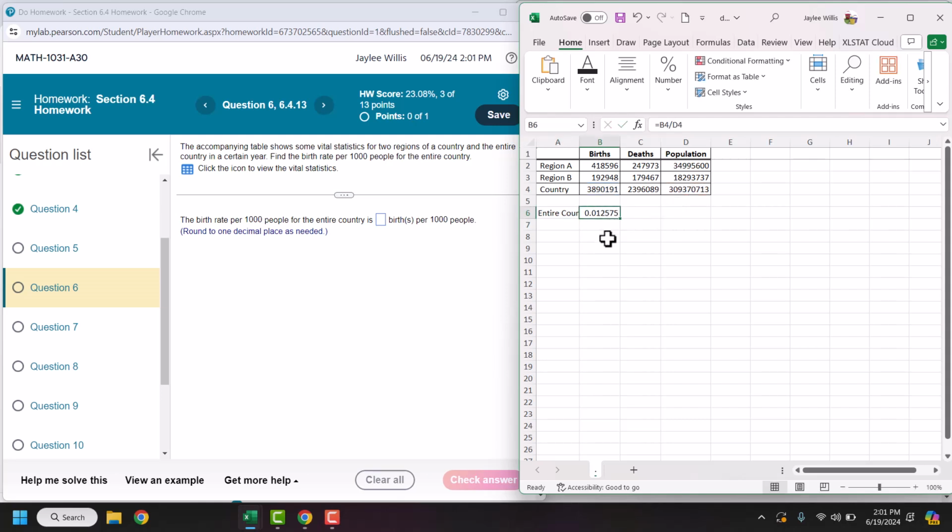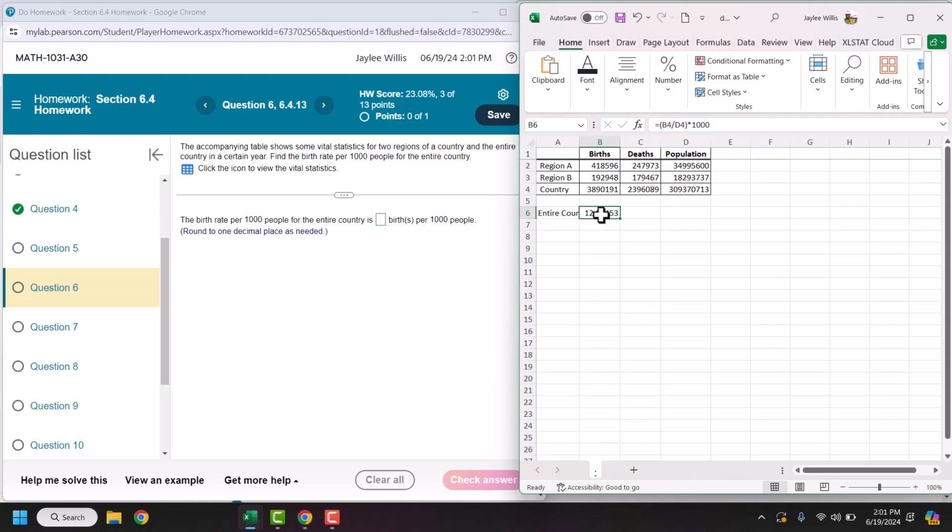And then that gives me a decimal because that's basically telling me how many births are happening per person. But I want to figure out how many births are happening for every 1,000 people. So I'm going to multiply that result by 1,000. And that tells me that there's 12.57 births happening per 1,000 people.